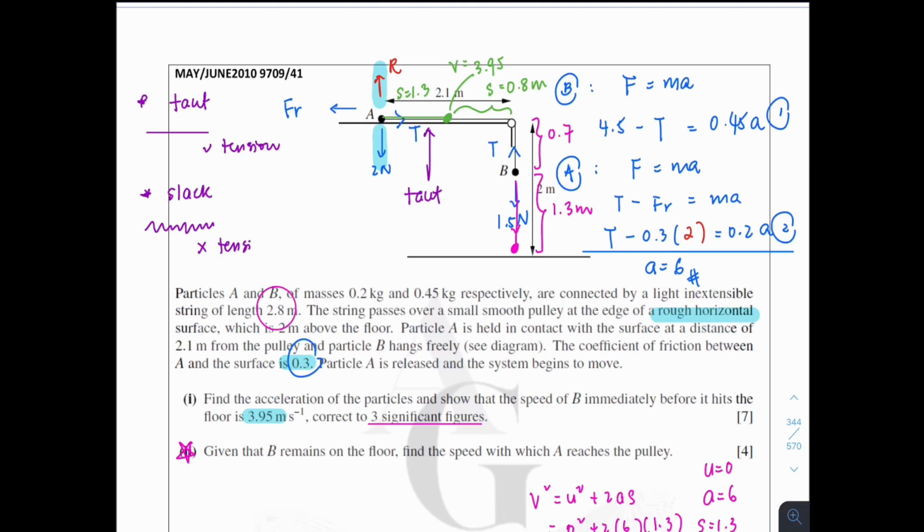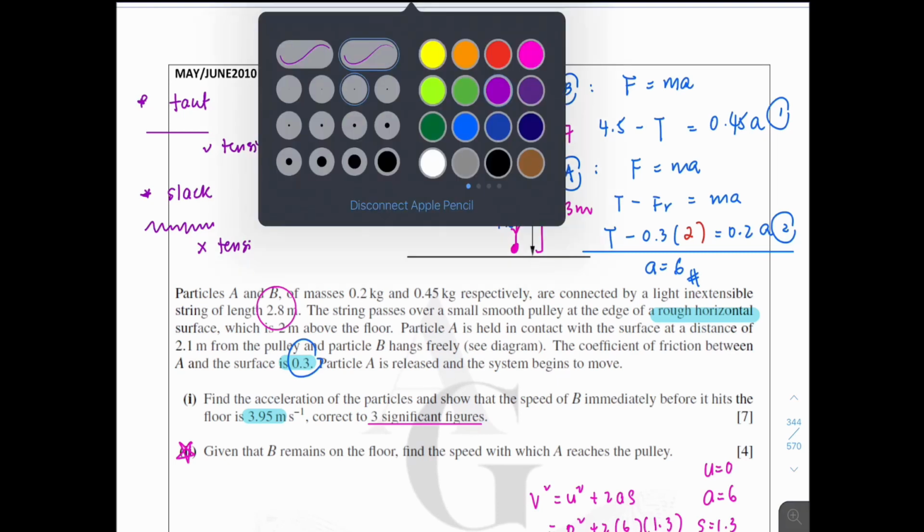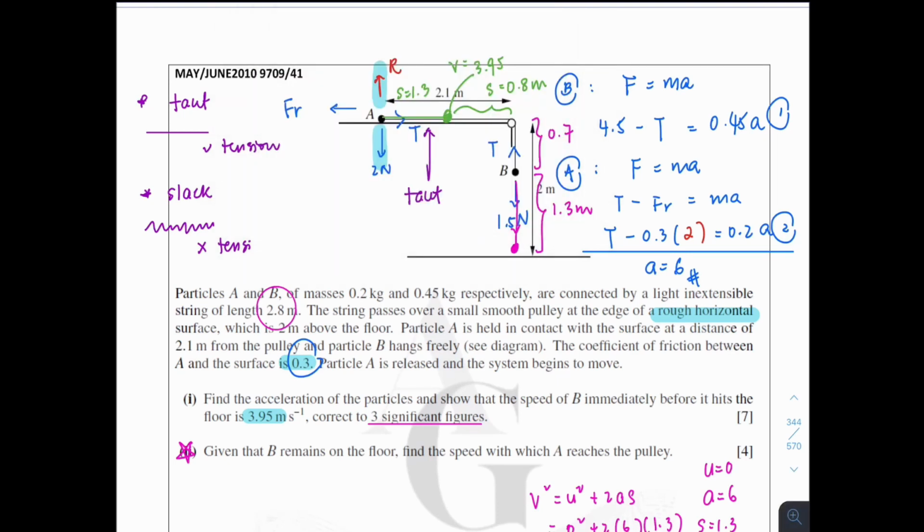For the second part, when A has reached this position and moves further to reach the pulley here, the string becomes slack. So you need to take note that for this question, there are two parts. One is taut, one is slack.